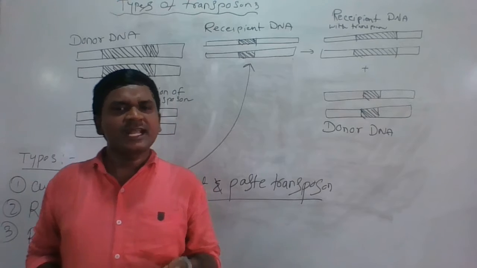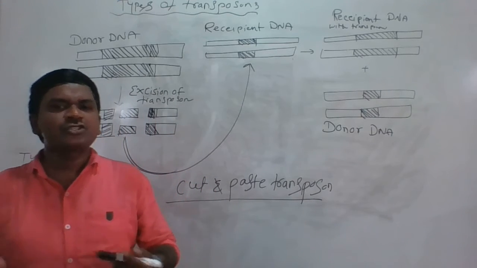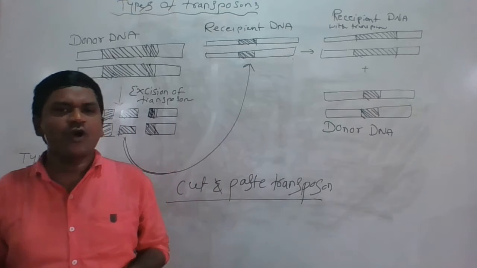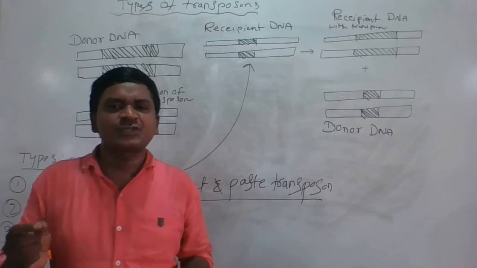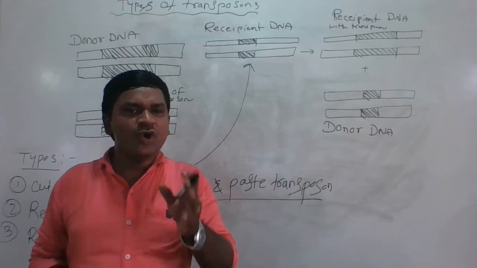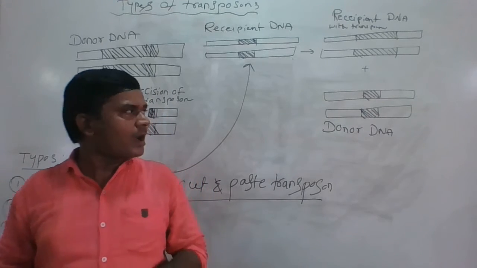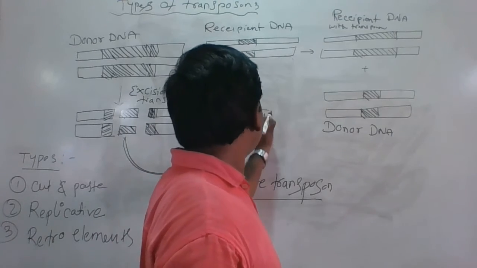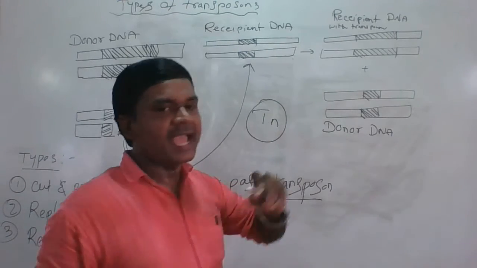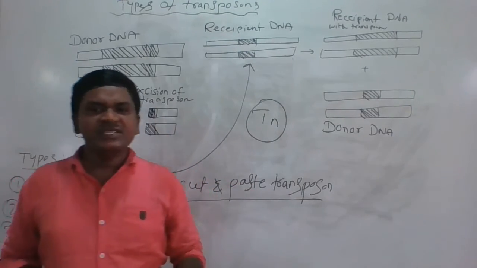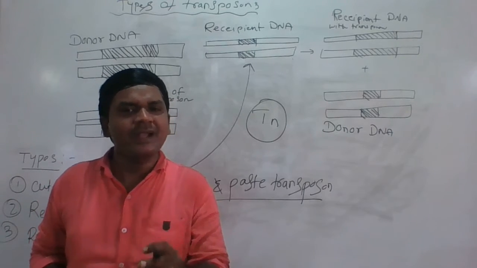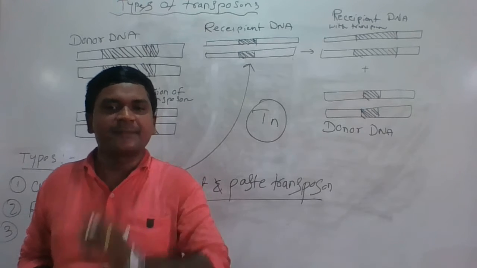Prokaryotic transposon elements are also called composite transposons, and they are designated by the symbol capital T small n, Tn.